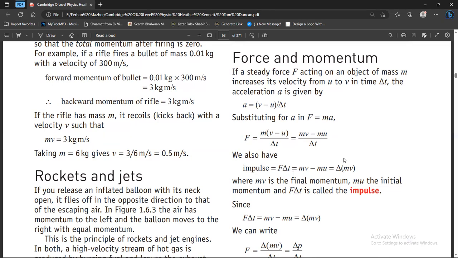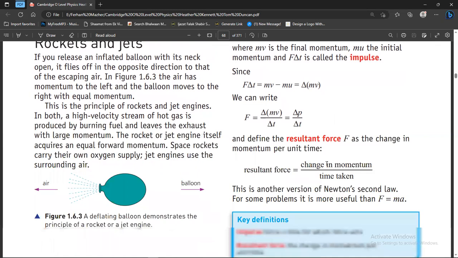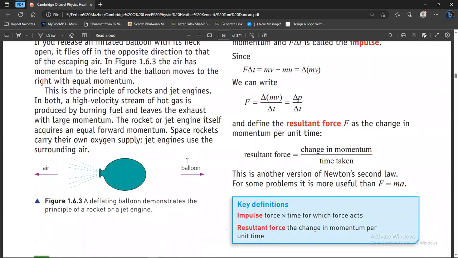Impulse, remember this thing, impulse is the resultant force multiplied by the time for which the resultant force acts, and this is also equal to the change in the momentum, where mv is the final momentum and mu the initial momentum, and F delta t is called the impulse. Since F delta t is equal to mv minus mu, that is equal to change in the momentum.